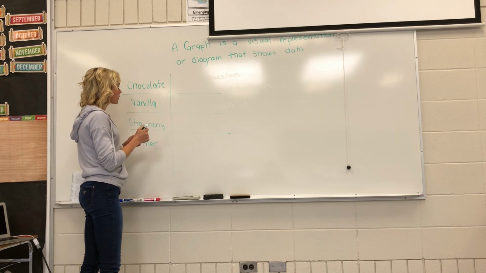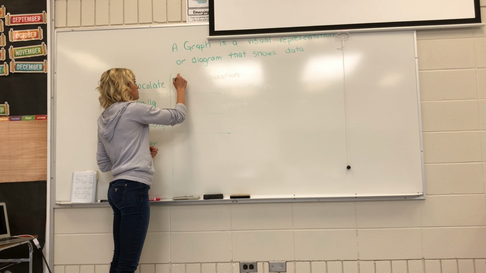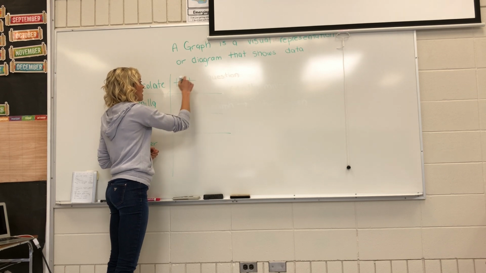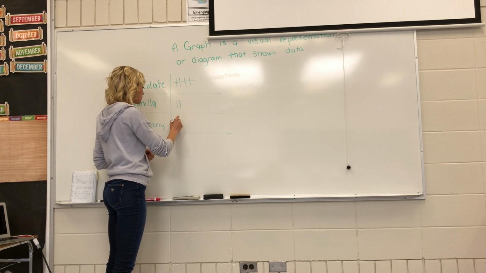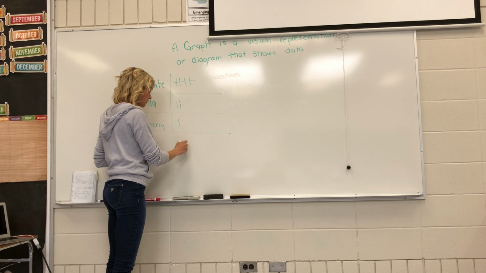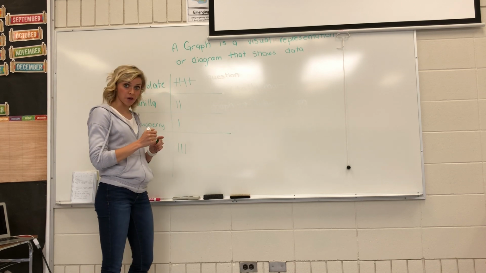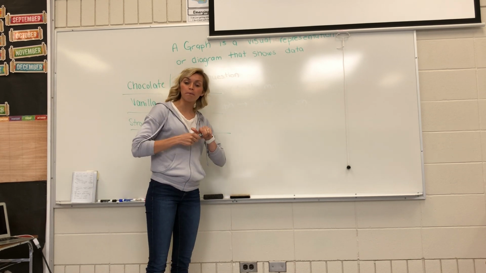So, what you're going to do is, let's pretend I asked my family, I had 5 chocolate, 2 vanilla, 1 strawberry, and 3 other. You're now going to make your pictograph.